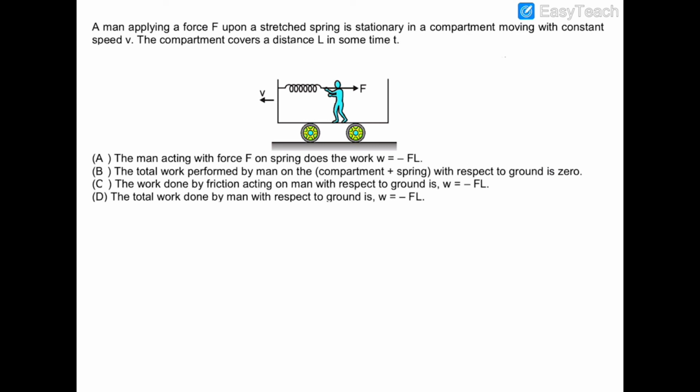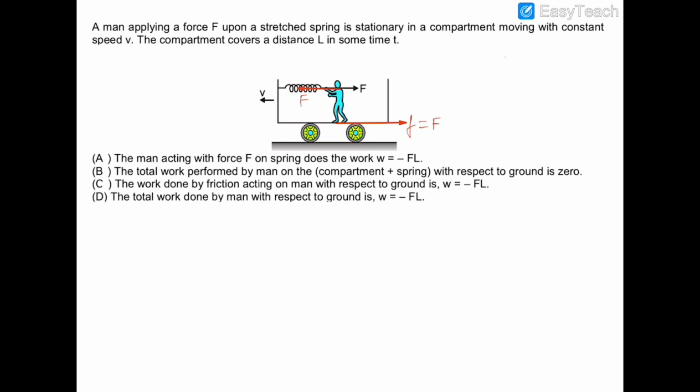First of all, I can see that this man will be pulled by the spring in the forward direction by the same force F which this man is applying on the spring. Also, since the man is not slipping on the cart, there would be a friction force acting on the man in the backward direction, whose magnitude will be equal to F.